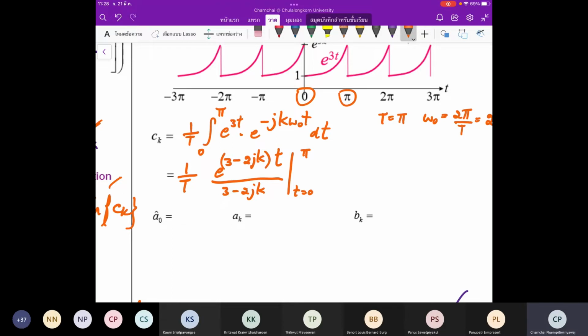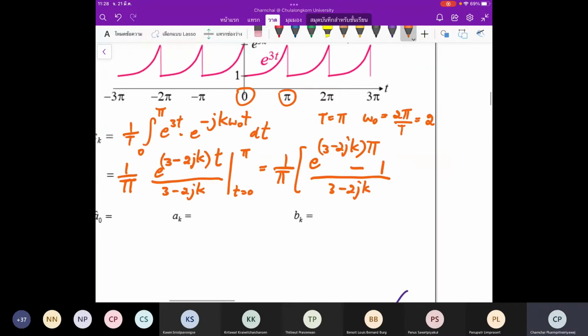Since t is pi, we get 1 over pi, e to the (3 minus 2jk) pi, minus the value at t equals 0, where e to the 0 is 1, all over 3 minus 2jk. Is that right?